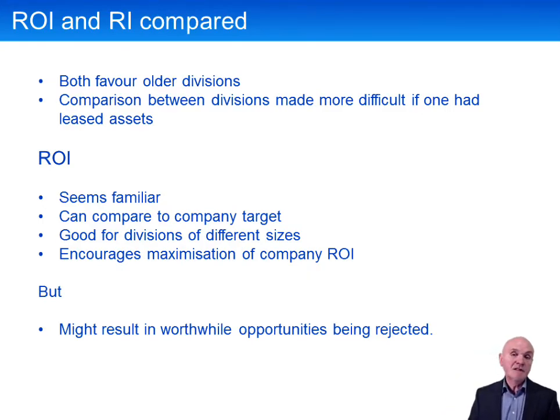It's good for divisions of different sizes, because you are comparing income to capital. So two divisions, one twice the size of the other, there's perhaps no reason why they can't have the same return on investment if they manage their assets with the same efficiencies. And very often outside analysts look at return on capital employed of companies, and they give favourable recommendations.